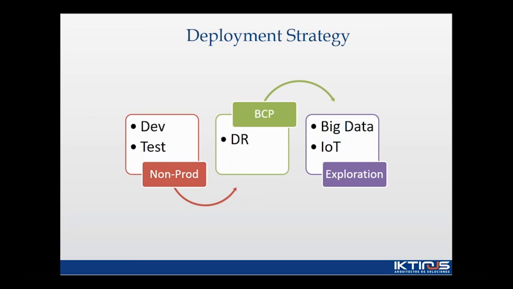Disaster recovery is only a part of the business continuity plan. When we talk about disaster recovery, it means how much time we take to recover the service, and how much data we are able to recover from a disaster.